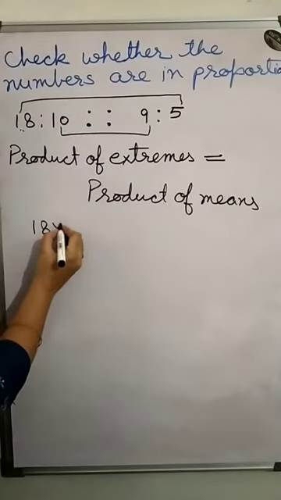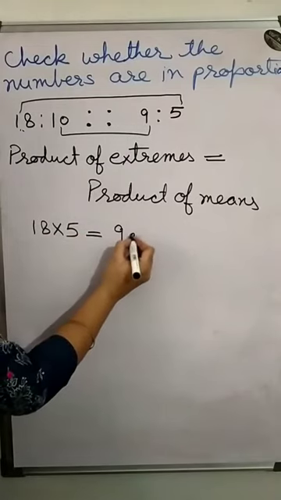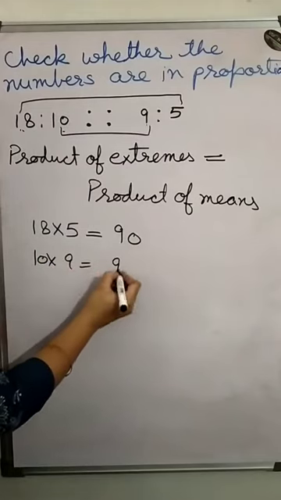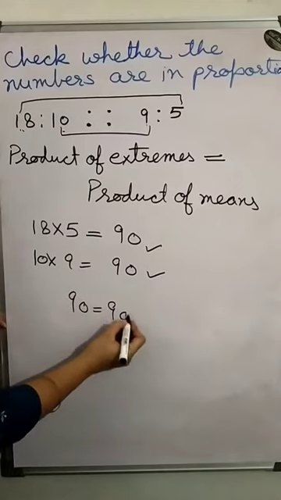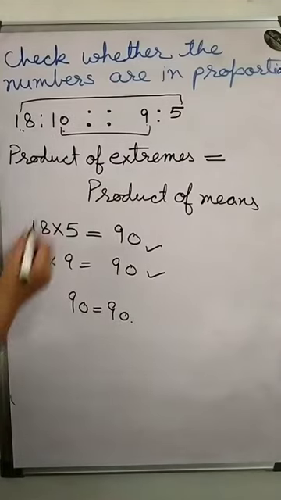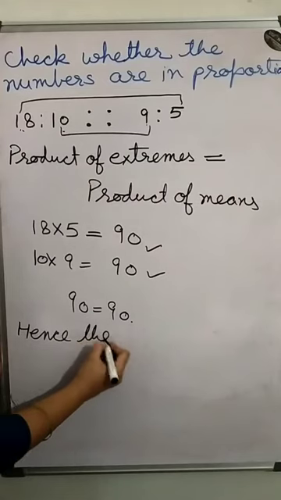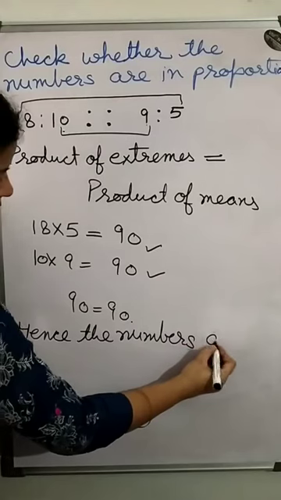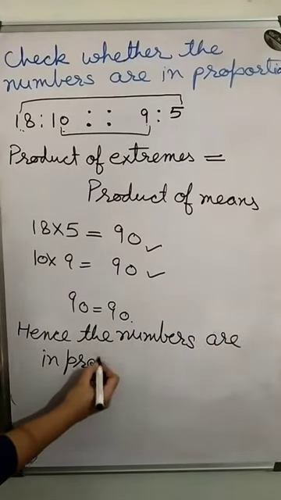So 18 multiply 5 is 90, 18 fives are 90, and for the means, 10 multiply 9 is again 90. So these two are the same. It means we can say these numbers are in proportion, because these answers are the same. So we can write, hence the numbers are in proportion.